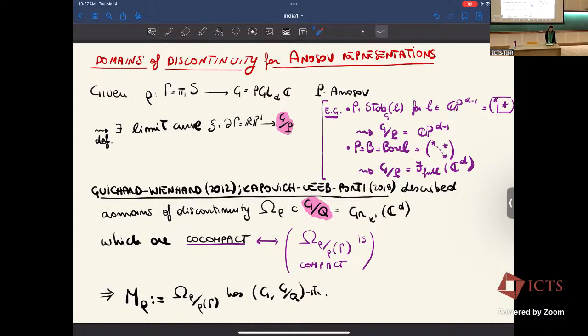This co-compactness will be really crucial for us, because in my work with Alessandrini, Tholozan, and Wienhard, we study the topology of this quotient in one nice setting, for Fuchsian representations, and then the co-compactness tells you that the topology is constant on the whole component.